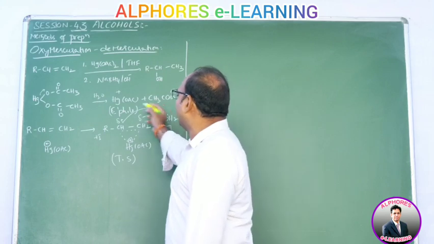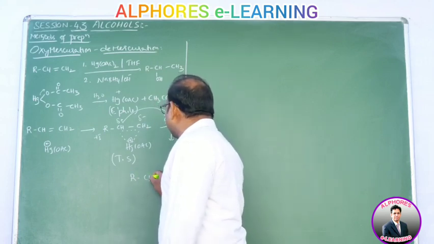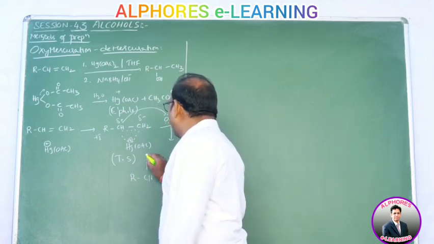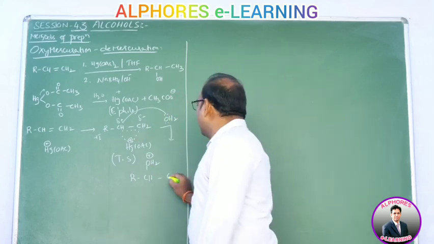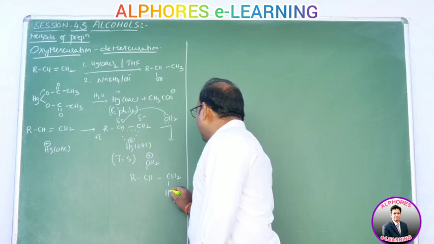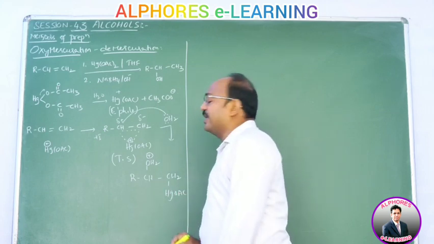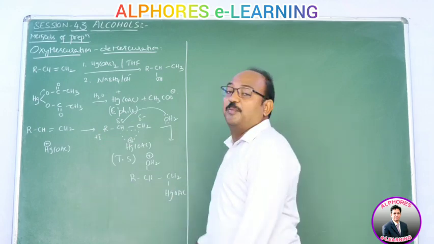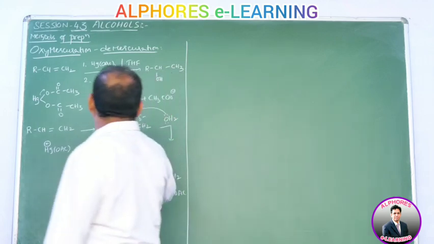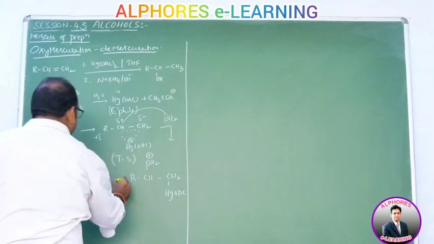Now when the water molecule approaches here, we get RCHOH2+ and CH2HgOAc. This one right or not? So when the water molecule approaches from the rear side, you get this compound, and here this H plus will be abstracted by the acetate ion.